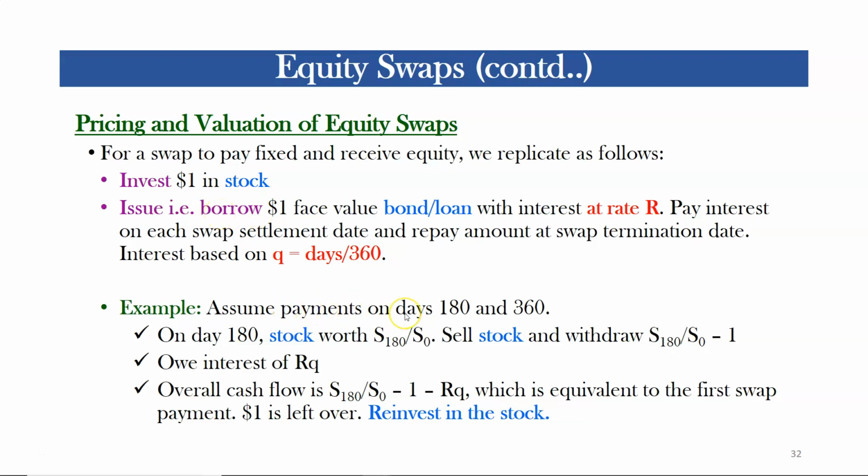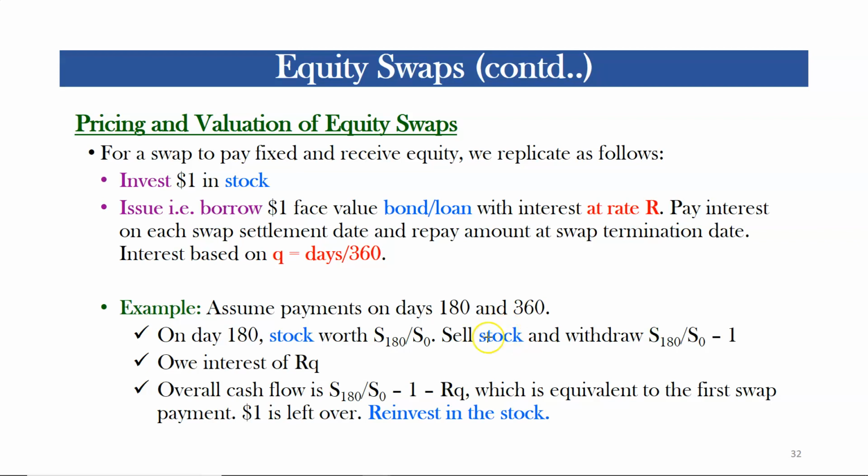Suppose the term of the loan or bond is 1 year. Interest is paid on day 180 and day 360. On day 180, the stock will be worth the price on that day in the market, that is S180. Remember, when we purchased the stock, it was worth S0.